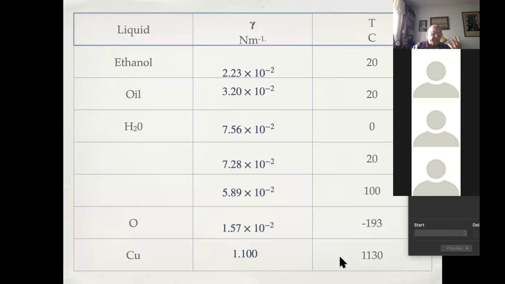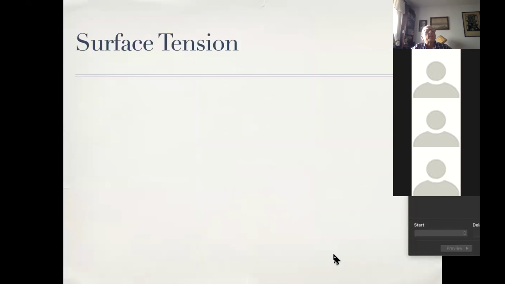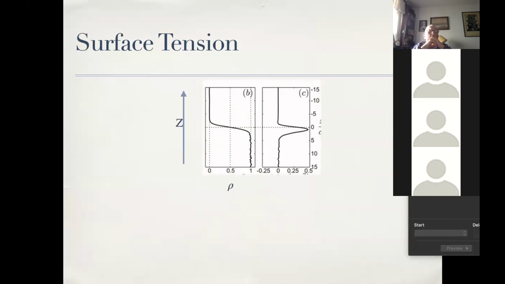All right, so we have a certain feeling of how strong the surface tension is, and I'm almost sure that in high school you have done many experiments with surface tension. For example, one of them is the floating of a needle on the surface of the water, and so forth. But I will come back for a second to this drawing, showing the density profile at the interface between a liquid and its vapor.